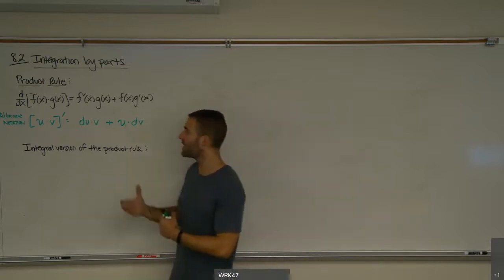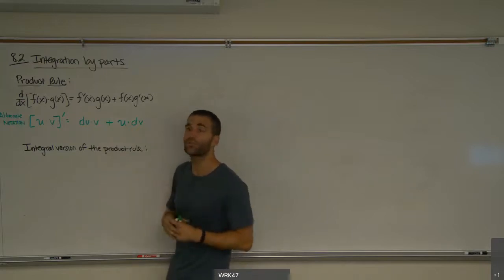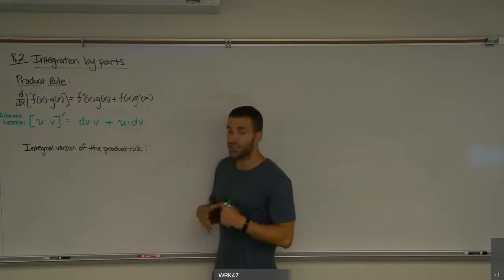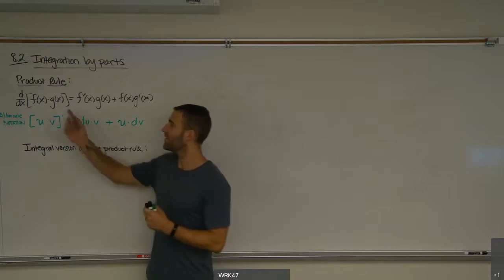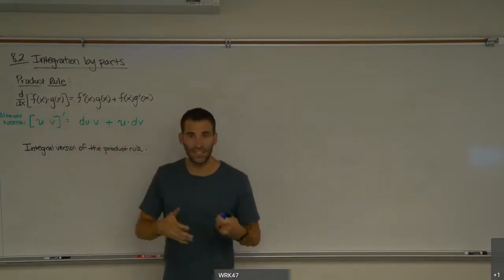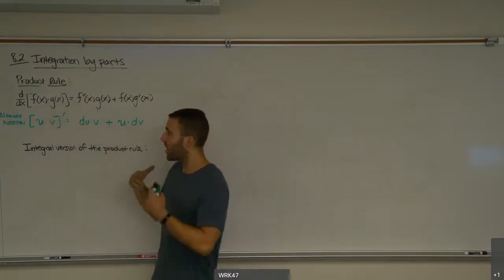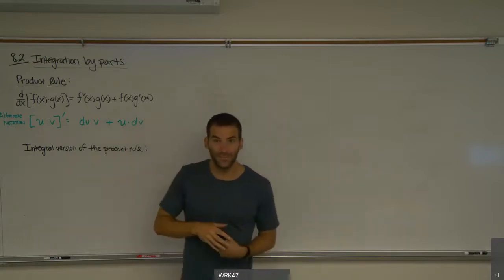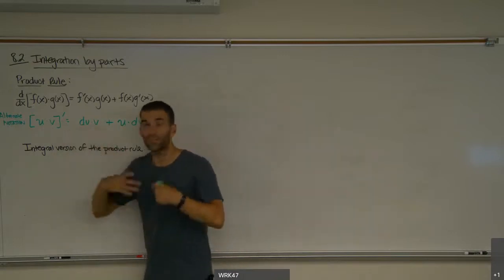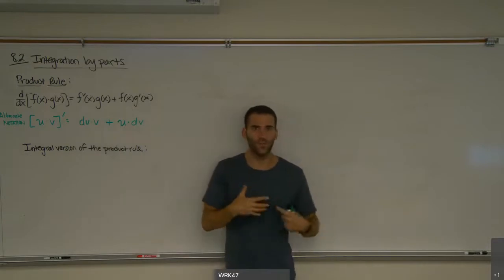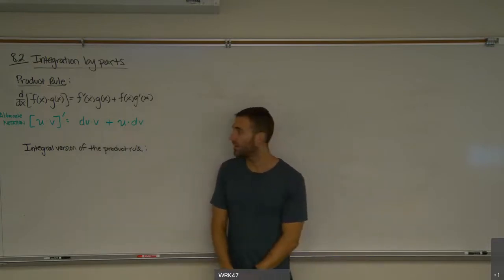One way we can do that is by talking about a kind of integral version of the product rule. To simplify some notation and get rid of the x variable, it could be t or z, let's just talk about general functions. We'll call them u and v. We'll talk about the derivative of a product u times v, where u and v are just some sort of function.